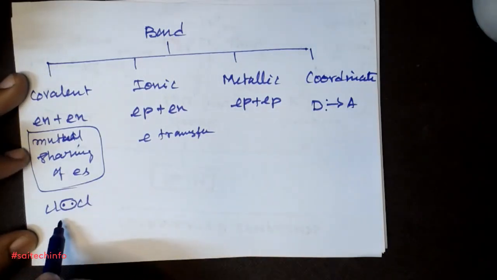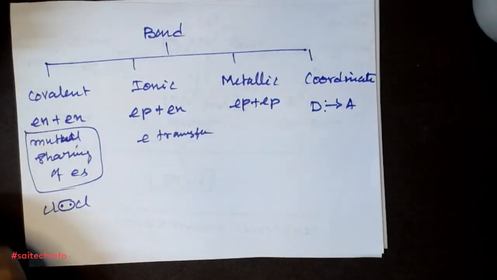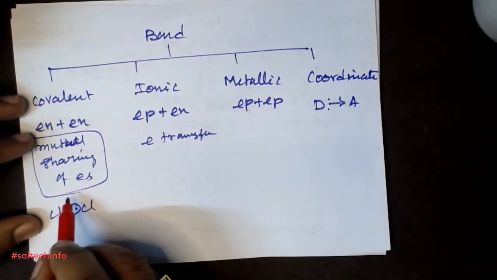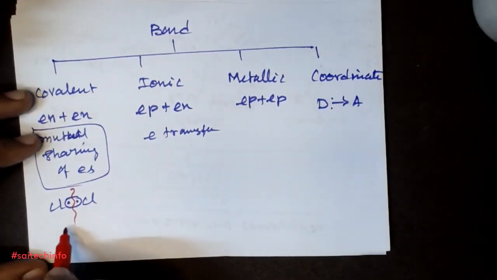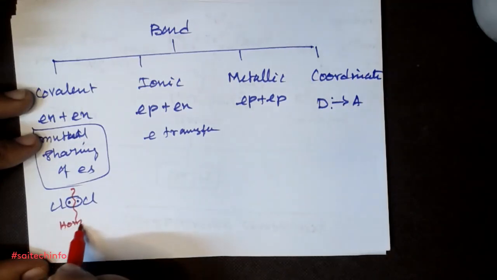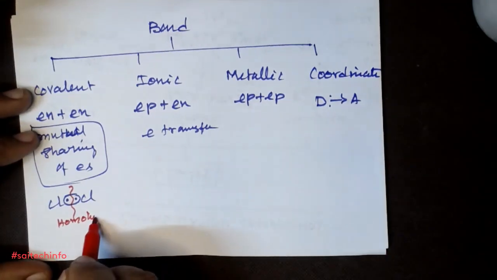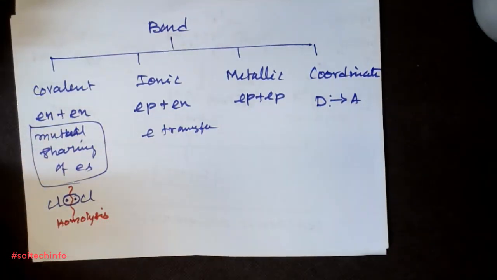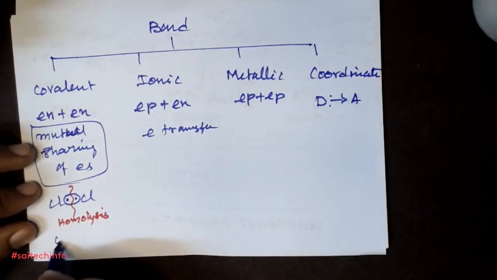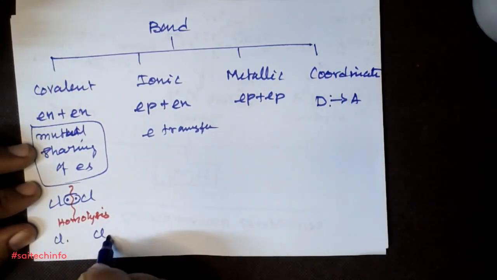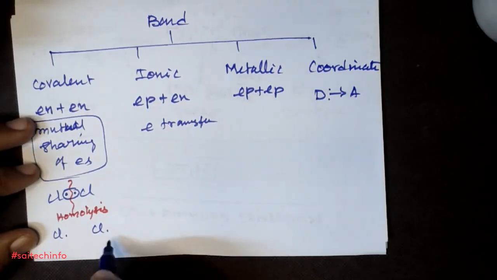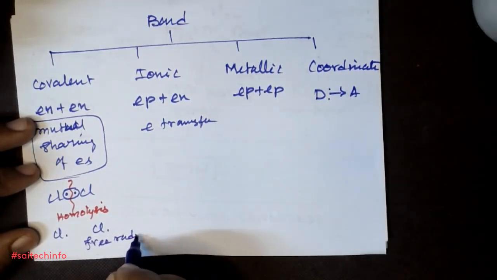When they are cleaved, homolysis takes place. Homolysis means even cleavage. That results in chlorine free radicals. What are free radicals?